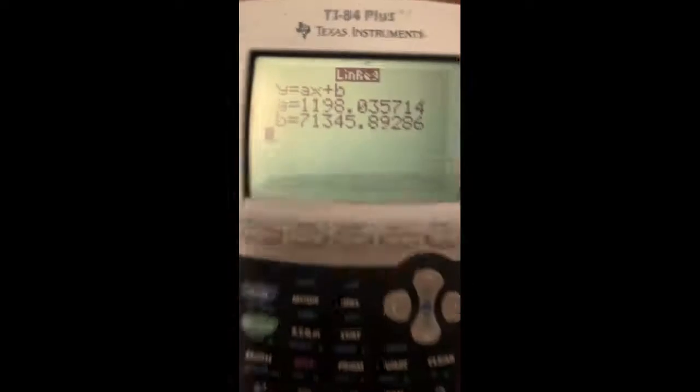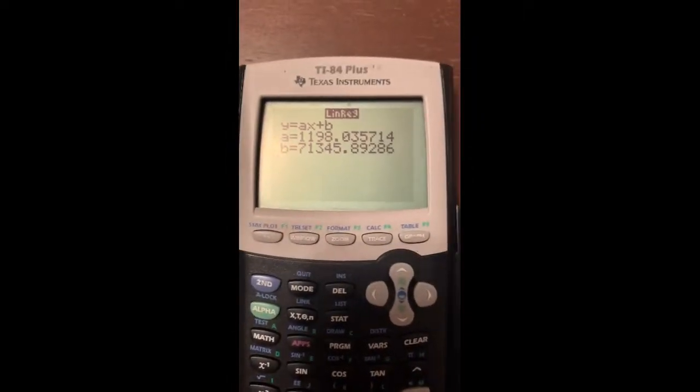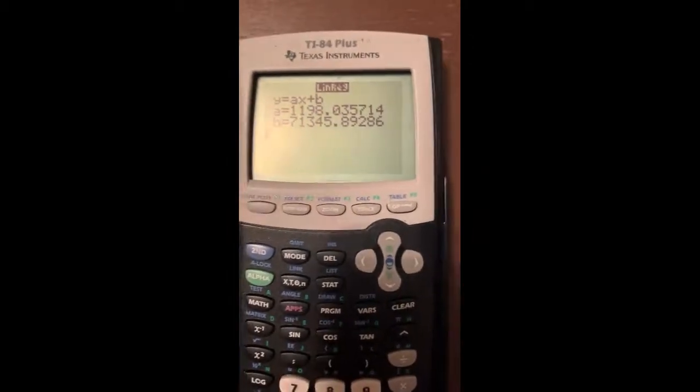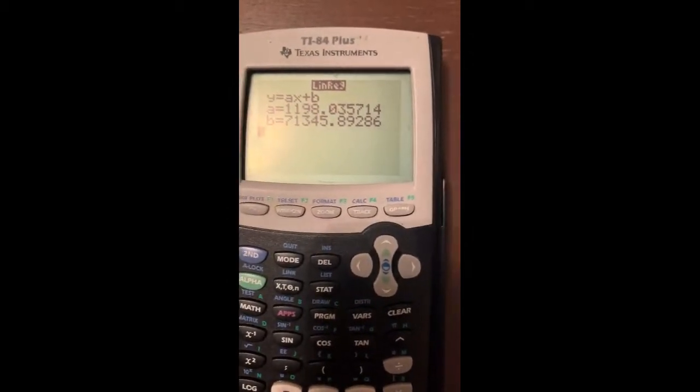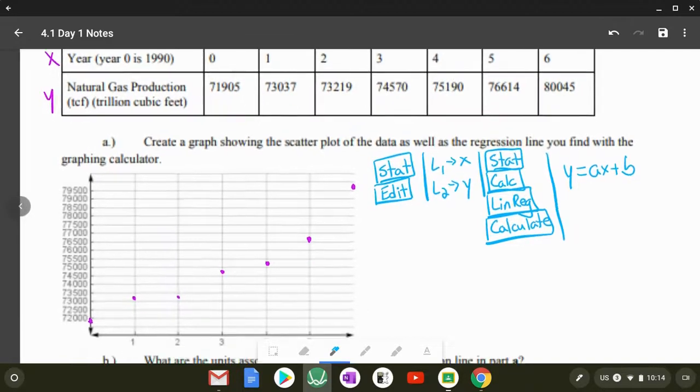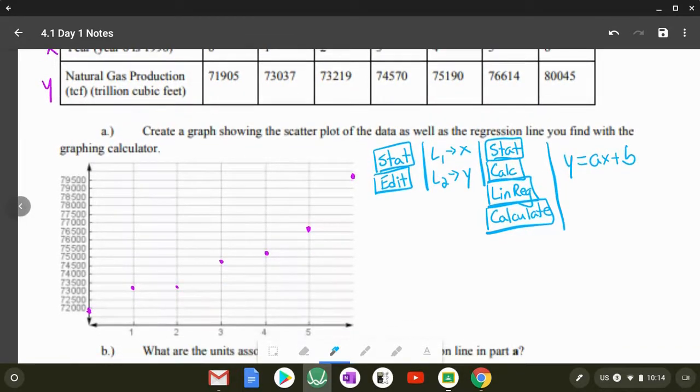And then again, what this does is it takes the data and it finds the slope for all the data, the best slope to represent the data points, and the y-intercept. And now we have our line of best fit from the calculator, and it said a equals 1198.04 and b equals 71345.89.